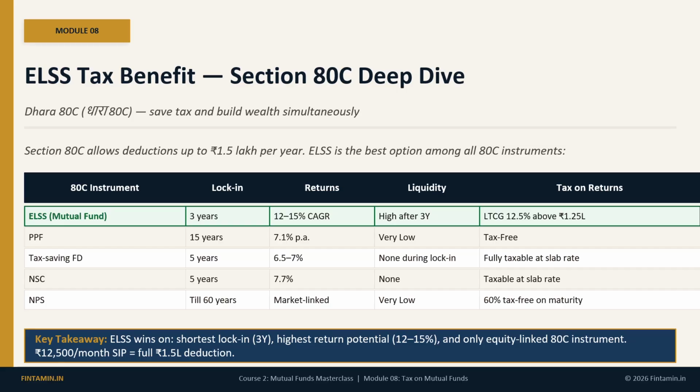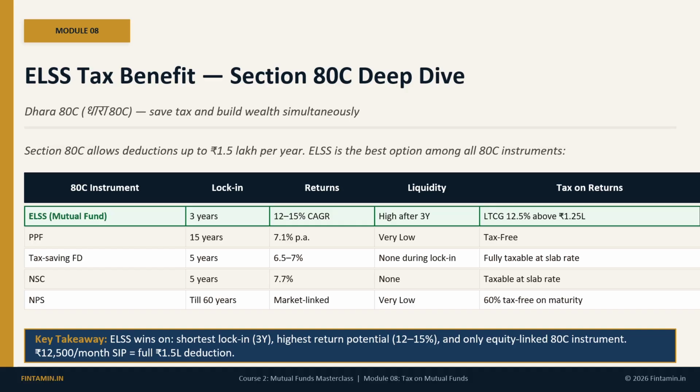Good for ultra-conservative investors. Tax-saving FD, 6.5 to 7% return, but 5 years lock-in and returns are fully taxable at your slab rate. In the 30% bracket, net return after tax is barely 4.5%.